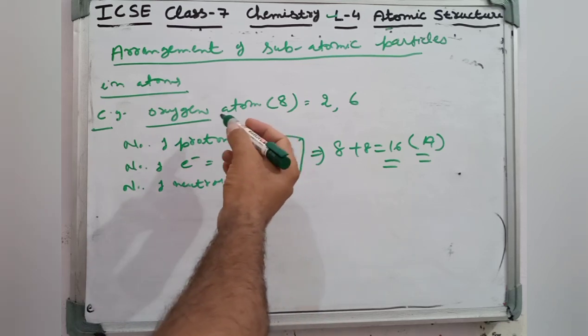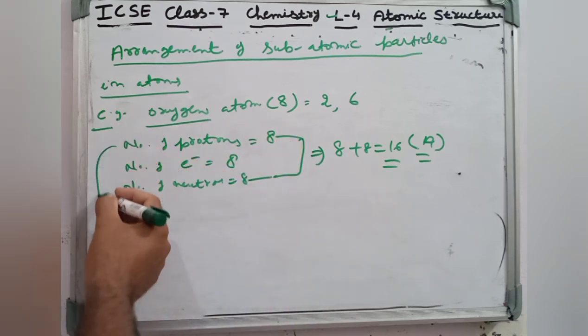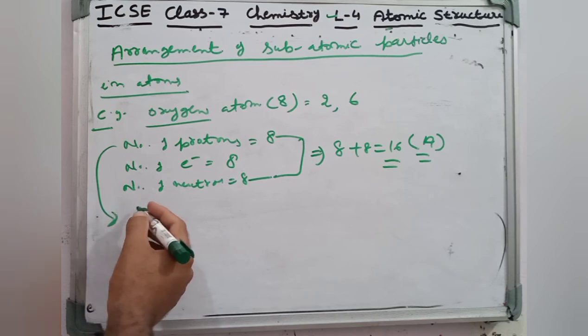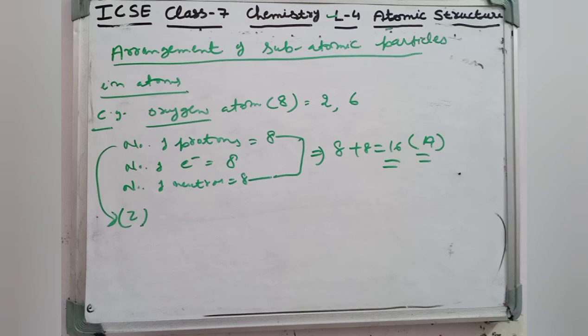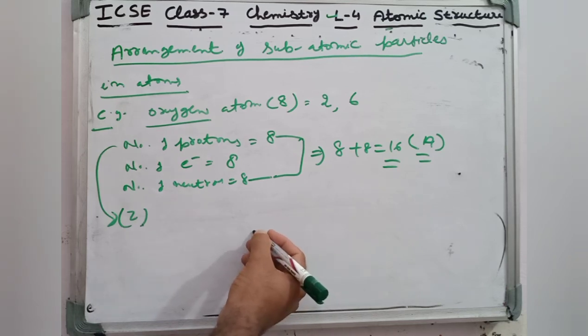The number of only protons is Z, the atomic number. Right? If we want to draw its configuration, of oxygen, this is its center part.